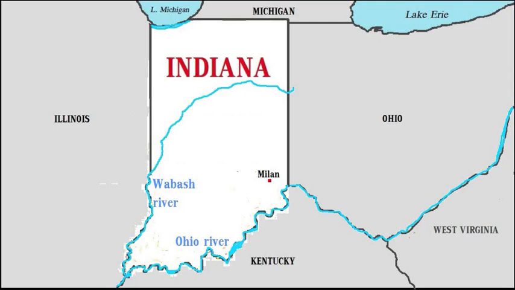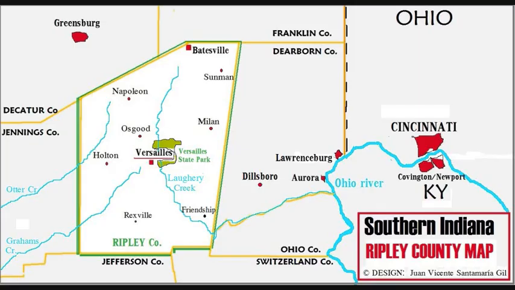Milan, Indiana, a small town of less than 2,000 people in southern Indiana, in Ripley County. Here is a map of Ripley County in southeast Indiana, near the border with Ohio and the Ohio River.